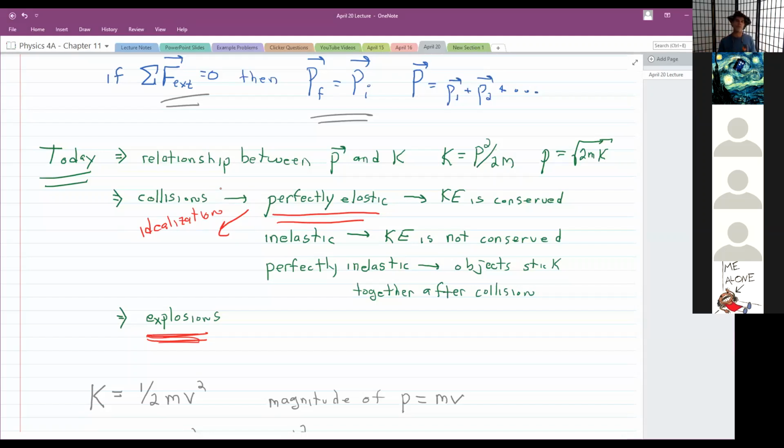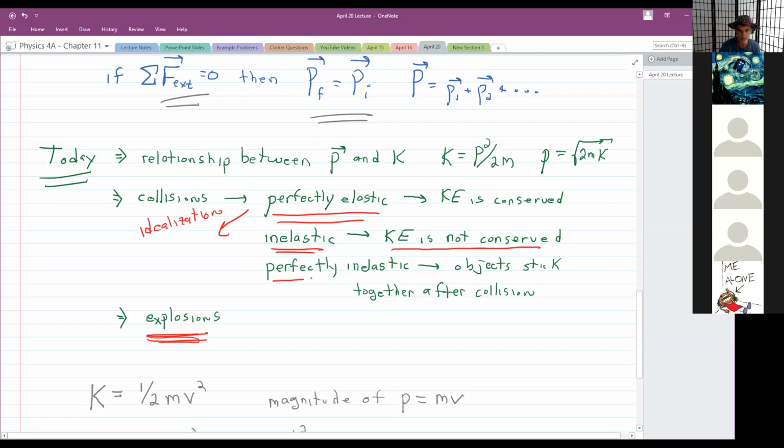But we sort of have this model where it's possible to have a quote unquote perfectly elastic collision where no kinetic energy gets converted into heat. But most real collisions are what's called inelastic, which means some kinetic energy is being converted into other forms, generally heat and sound. So in an inelastic collision, kinetic energy is not conserved.